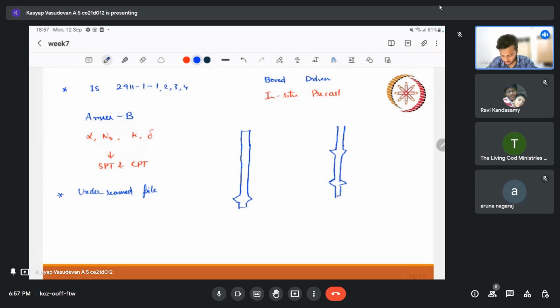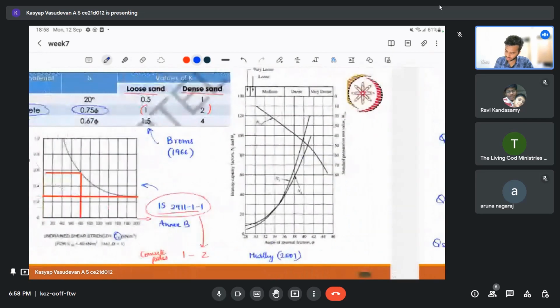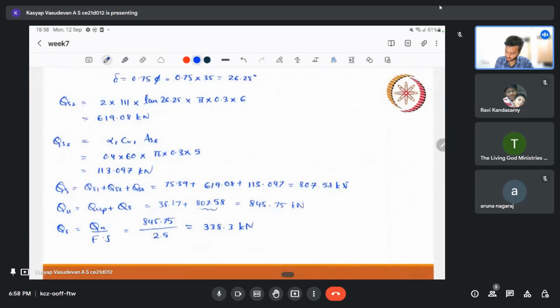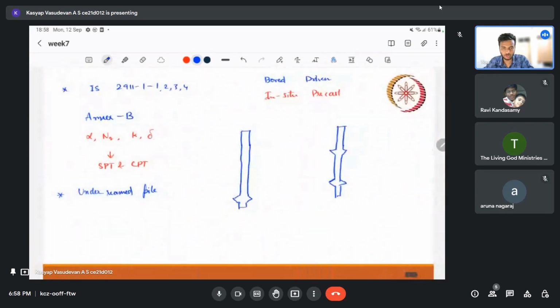So the idea is, as I told you before, the shear resistance of the pile is quite high, right? As we saw before, the shear resistance offered by different layers was quite high, so bearing is not contributing much.